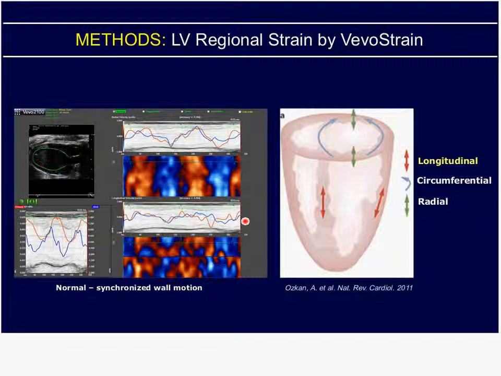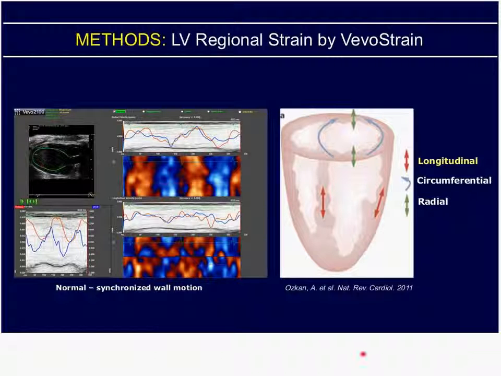But what you can also get out of Vivo strain are Excel files that give you each of the displacement values and strain values in each of the 36 segments. And those Excel files, we input into MATLAB programs.